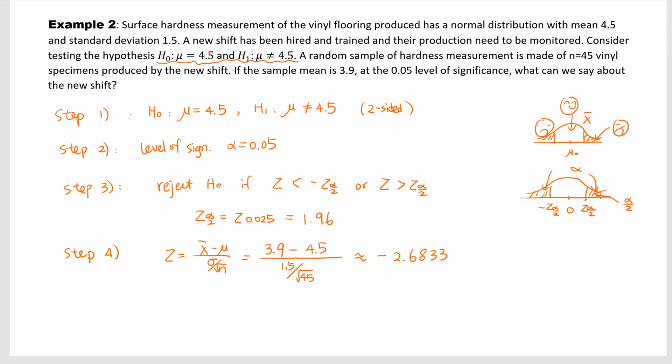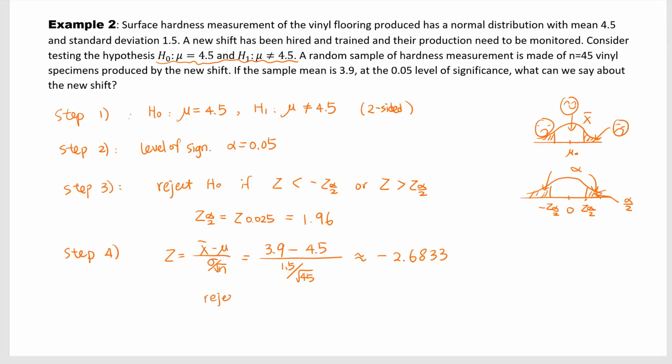So I got negative 2.68. So far, so good, everybody? Okay, and what happens now? So we reject it.